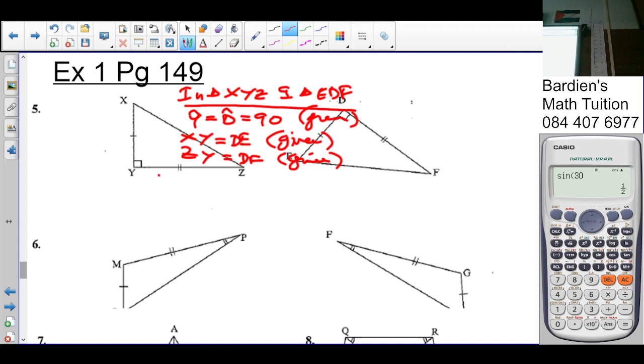Therefore, triangle XYZ is congruent to triangle EDF. Side, angle, side. We use two lengths and included angle. Why can't I use RHS here? We're not using that part, we use this. Okay.